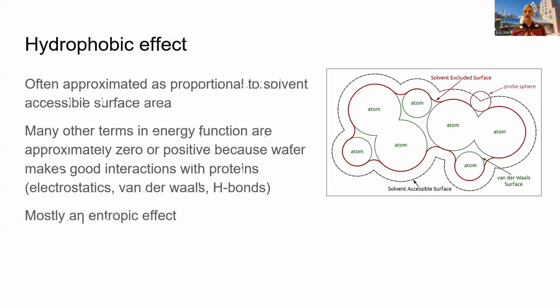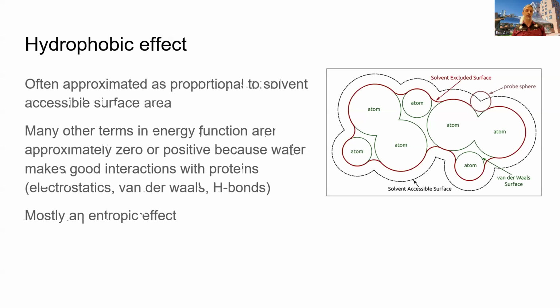For that, we can imagine, here I'm showing a cross section, but you could imagine taking this cross section through the Z plane and calculating a surface this way, where we take a water molecule and roll it around our structure, and we get that contour of what is the area of the surface.